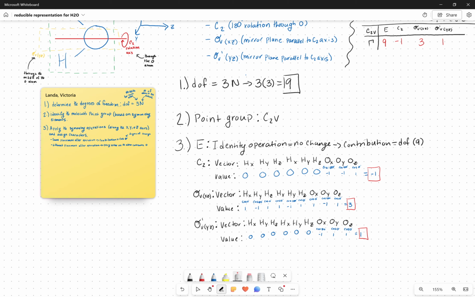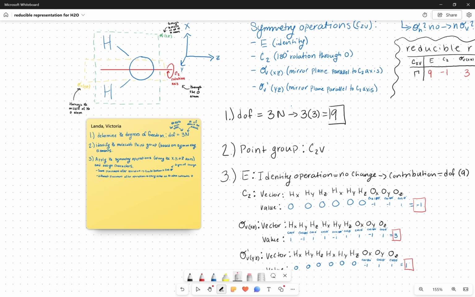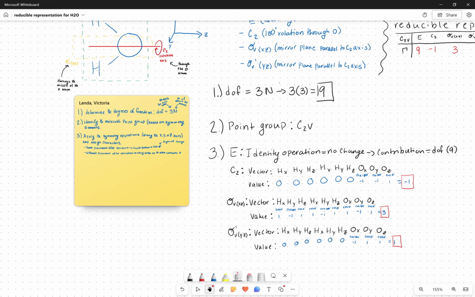We can do the same things for our mirror planes. Looking here, we have the XZ mirror plane going through the middle of the molecule, cutting through the hydrogens as well as the oxygen.